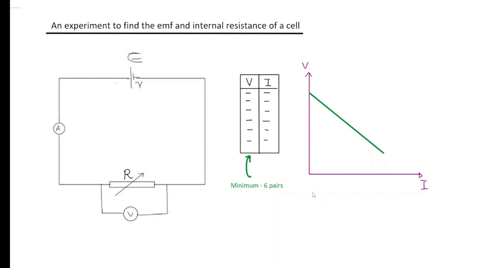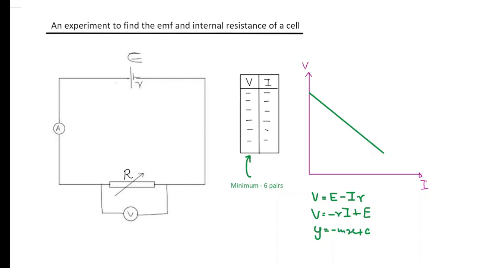V is equal to E minus Ir. Now I can see V is on the y-axis, so let's leave it there. But I have to do a little bit of rearrangement on the right-hand side. So V is equal to minus rI plus E. And now you can clearly see this is y equals minus mx plus c type, which is the shape of the graph.